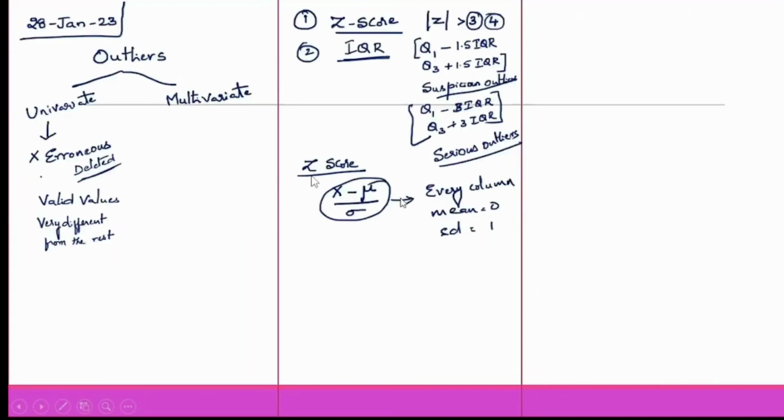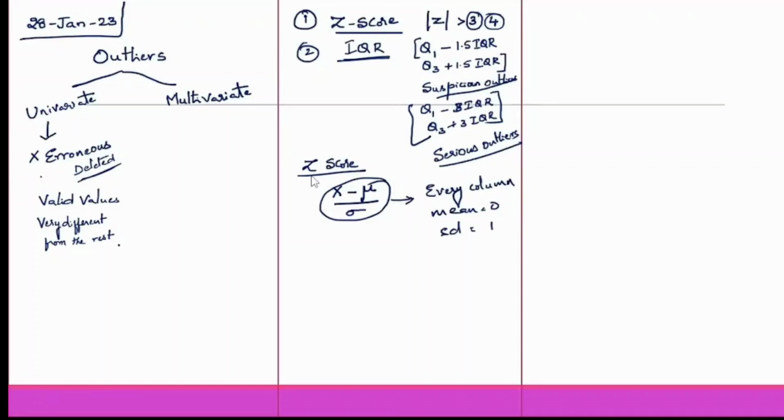This is what is called a standard normal value, otherwise called your Z score itself. The Z score is nothing but subtracting the mean and dividing by the standard deviation.